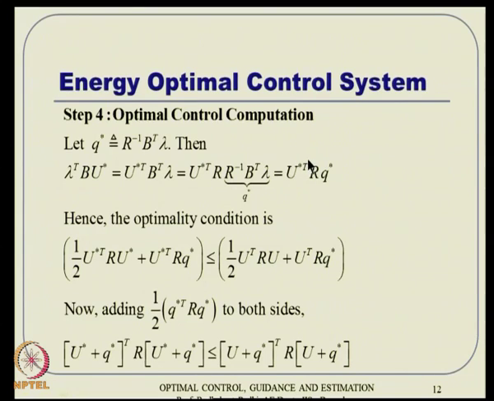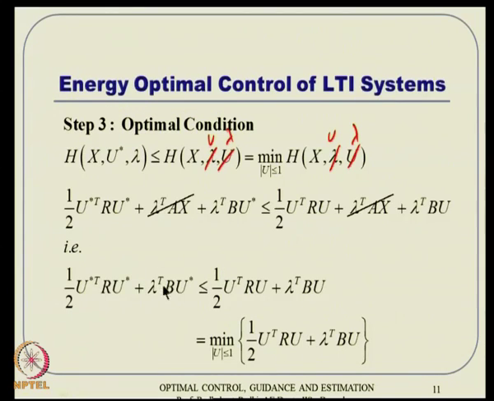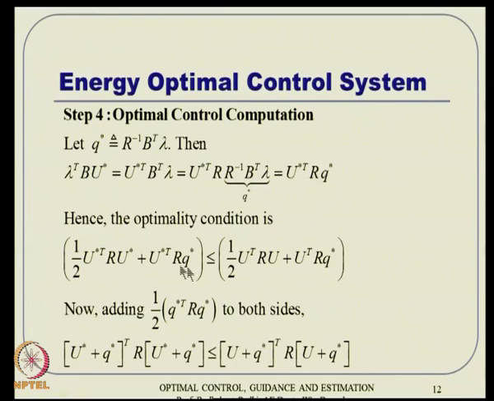Hence, this inequality that I see here, I can write it something like this. Instead of that expression, I will rather prefer to use that expression. There is a reason for that. Now, after doing that, we can add this quantity to both sides, and then you can see that it essentially leads to some sort of a quadratic expression in the left hand side and a quadratic expression in the right hand side.